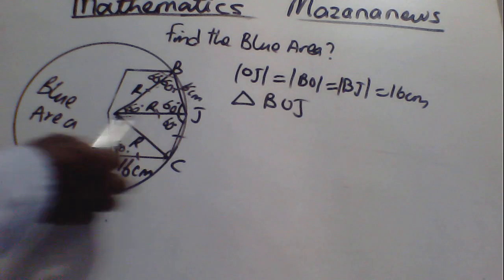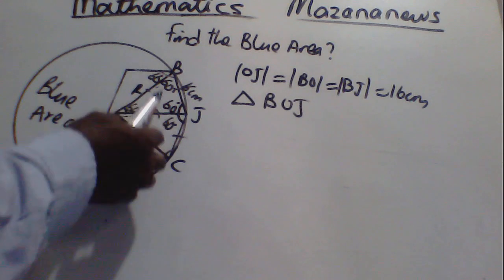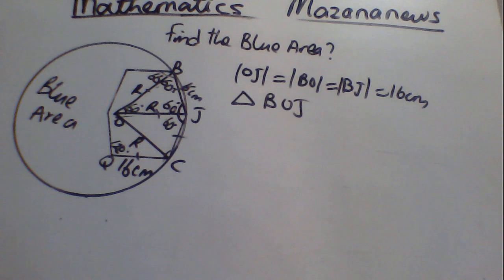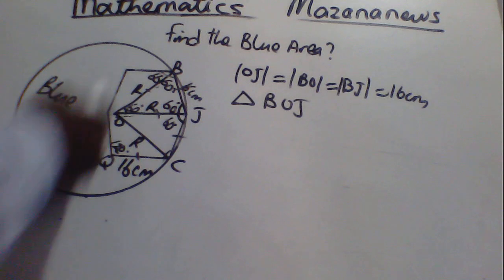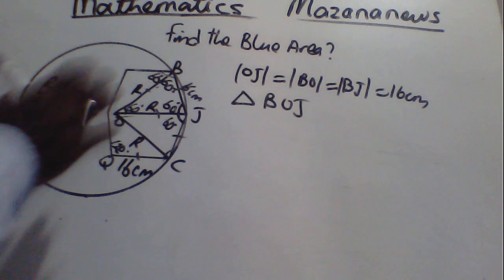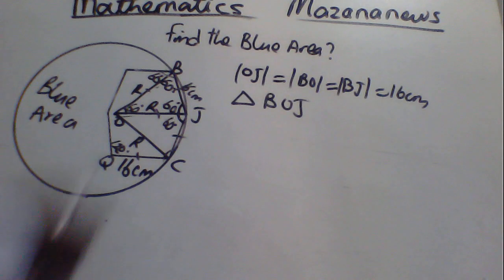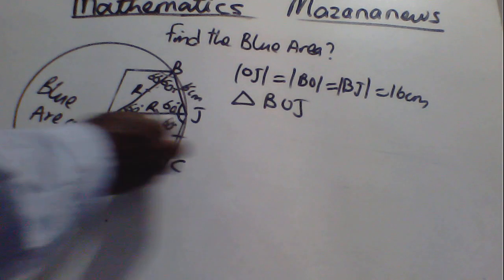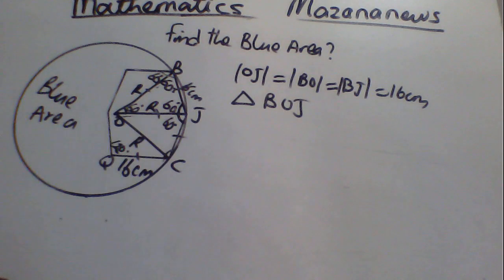We're able to get here to be 16 cm because the angle already showed us that the triangle is equilateral, and this is only applicable when the polygon is hexagon. If it's pentagon, octagon, or other type of polygon, you may not get this length to be 16. I hope you understand it now.